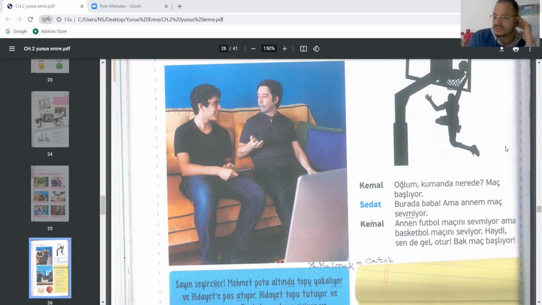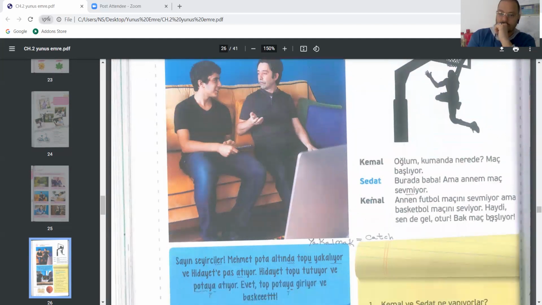Here, like we saw, we put notes with the present tense form. Ama basketbol maçını seviyor. Haydi sen de gel, otur. Here at the same time we use the order verb form. Gel, otur. Bak, maç başlıyor.